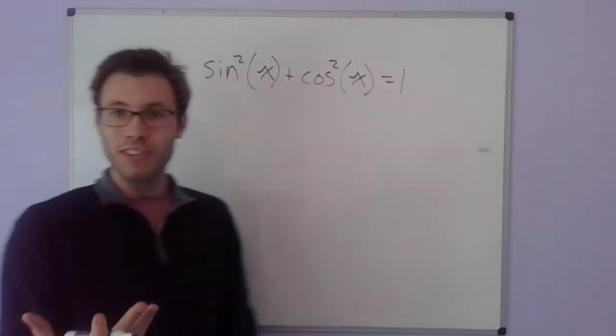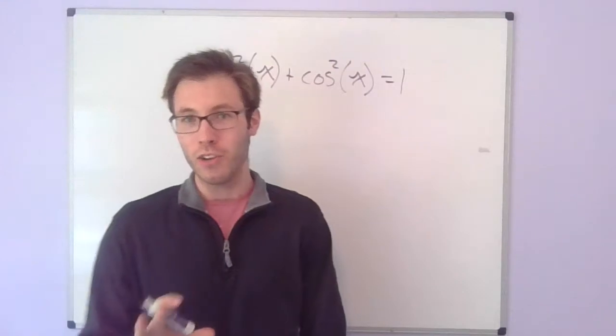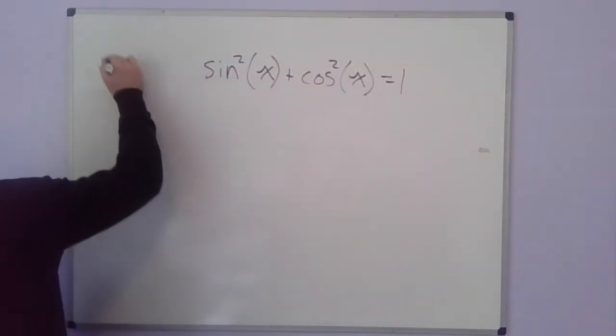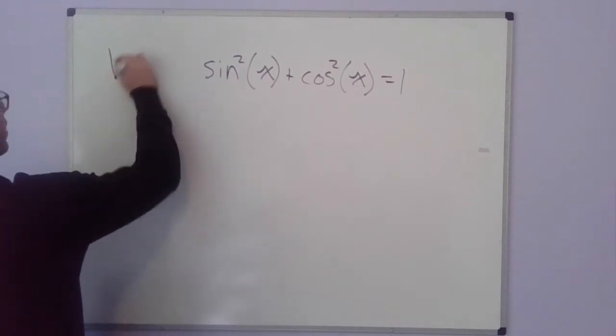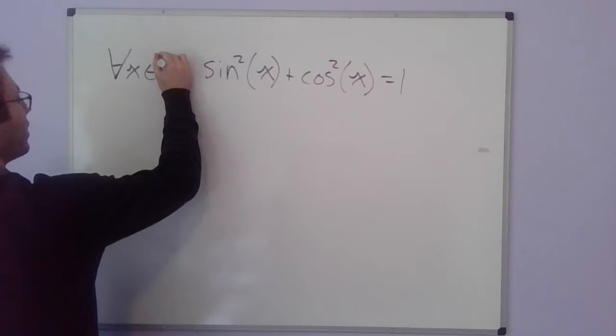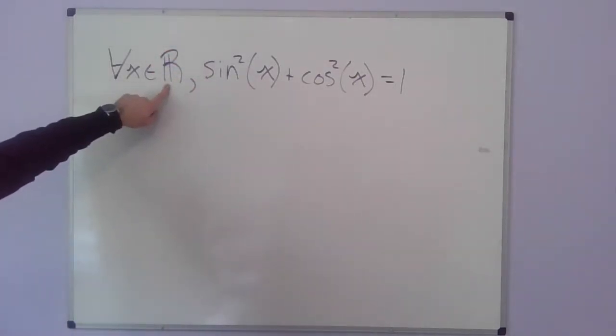All right. I want to show you something fancy just to make your math look cool. I always like showing little things like this. So this equation is said to hold true, if you're going to write this in a cool way, for any real number x.